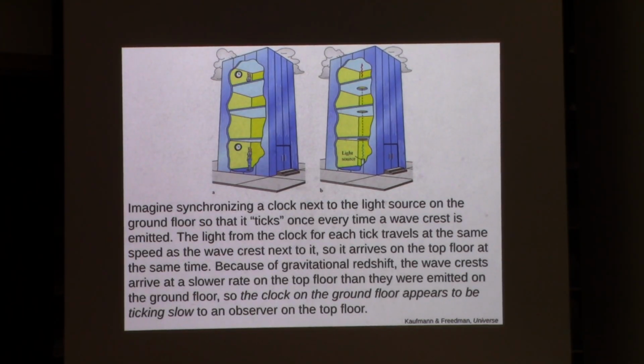That's the argument here. If there's gravitational redshift, a reduction in the rate that wave crests pass by you, as seen on the ceiling, then there's also a reduction in the rate that you see ticks from the clock reaching your eyes from the ceiling. So the clock appears to be ticking slow to you.